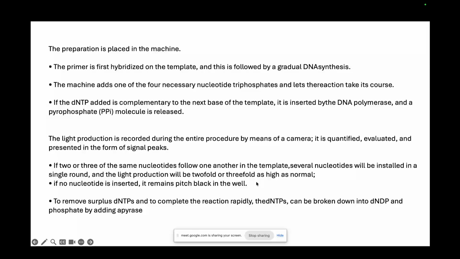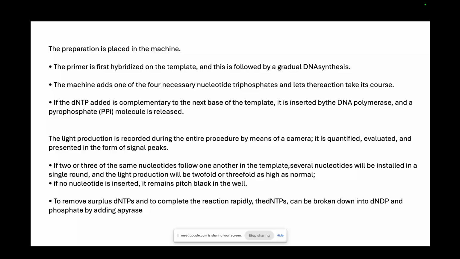So the intensity of the peak tells you how many nucleotides you have, which is the issue with homopolymers. If you have 8 of the same base one after another, the signal intensity will be the intensity of one peak times 8, right?